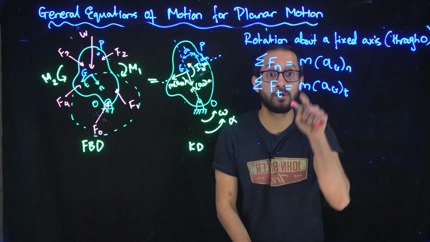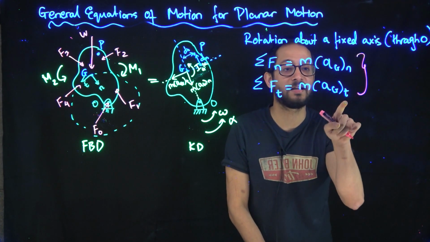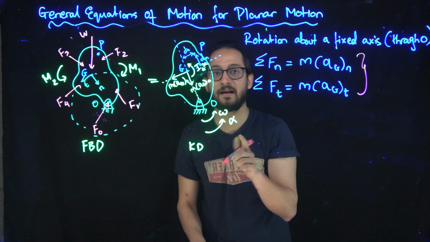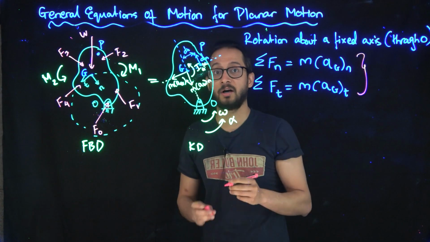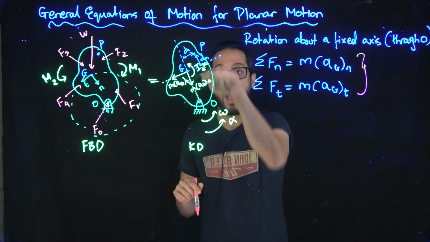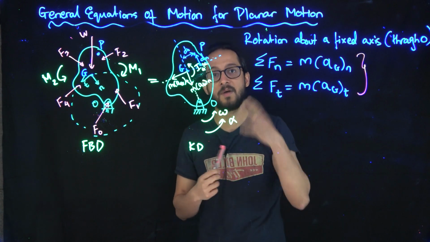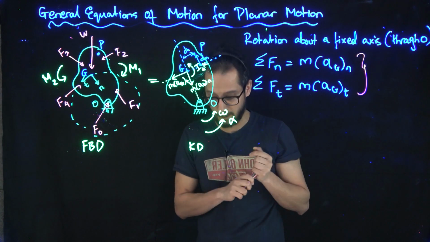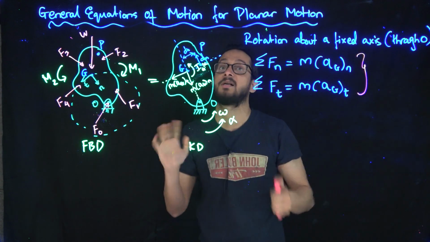The reason you do this is that for rotation, you can get what a_G,n and a_G,t are equal to in terms of omega and alpha. Remember, the acceleration in the normal direction is omega crossed with omega crossed with r. That's your centripetal acceleration term.